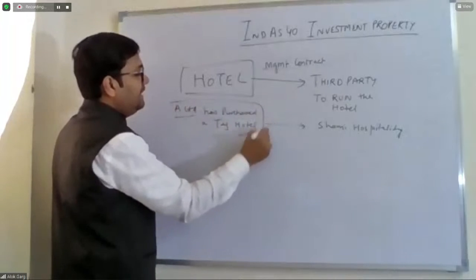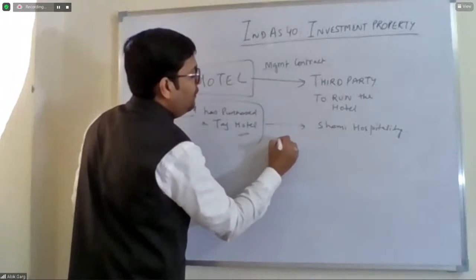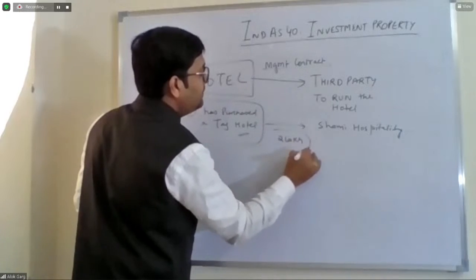And A Limited is charging an amount of rupees 2 lakh per month from Shami Hospitality.